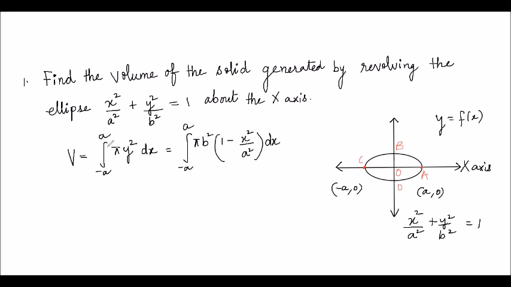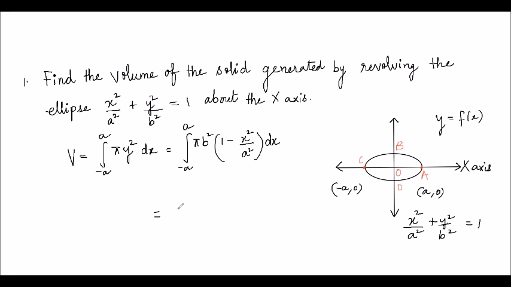So we have used the formula for the Cartesian curve where the axis of revolution is x-axis, and by finding the limits from the curve and putting them here, when we solve this definite integral, we will be getting the volume of the solid.